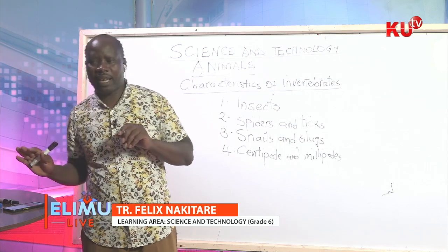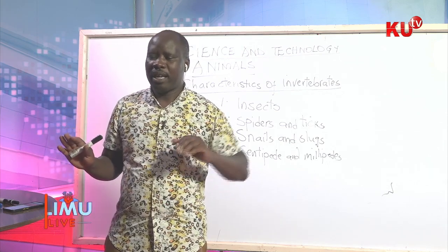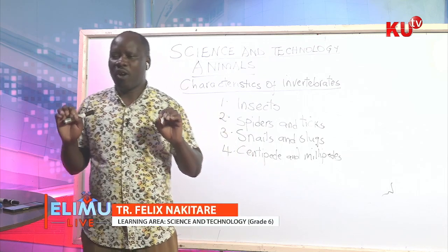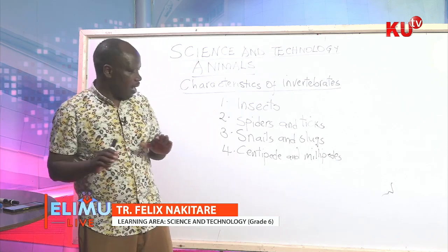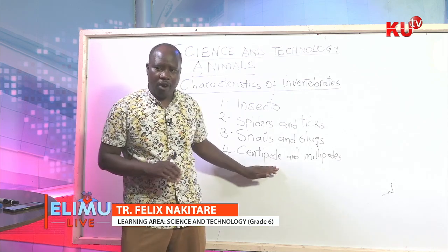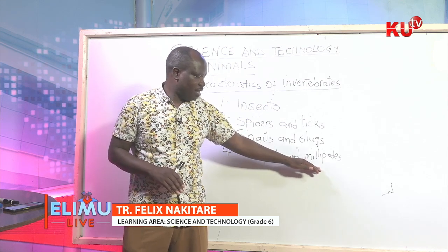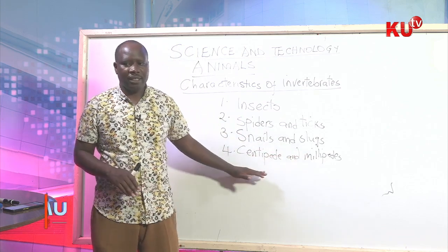On the right side, two legs on the same segment, and on the left side, two legs. Therefore, a total of four legs in each segment of the millipede. Remember, one pair of legs for the centipede, two pairs of legs per segment for the millipede. And that makes millipedes have more legs than centipedes.